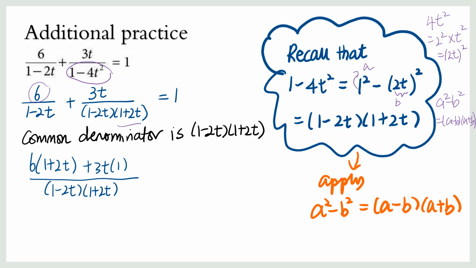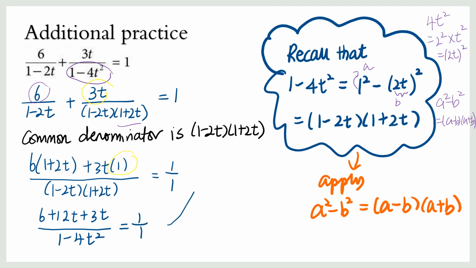Okay, and then 3t here multiply with 1 minus, oh, we don't have to, because the denominator is already 1 minus 2t and 1 plus 2t, so you just have to multiply with 1. And then the next step is just to simplify your numerator. Okay, put back 1 minus 4t squared for your denominator, because we're going to do a cross multiplication.